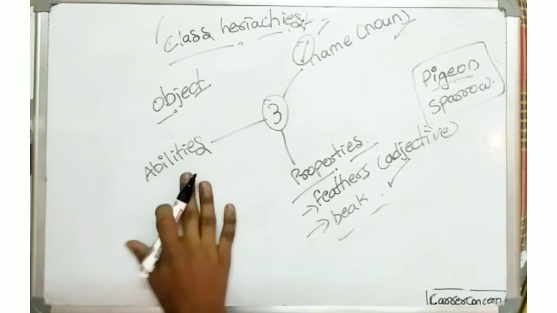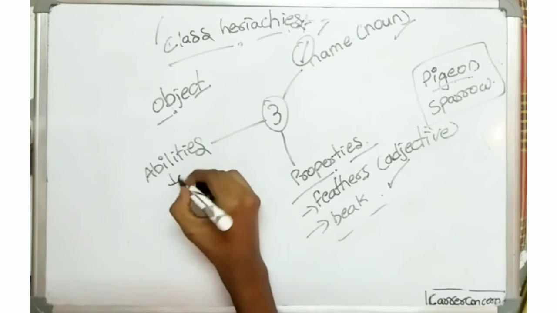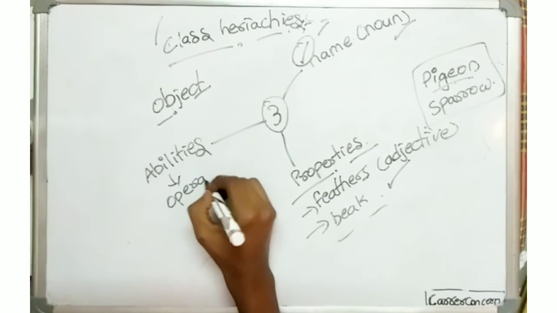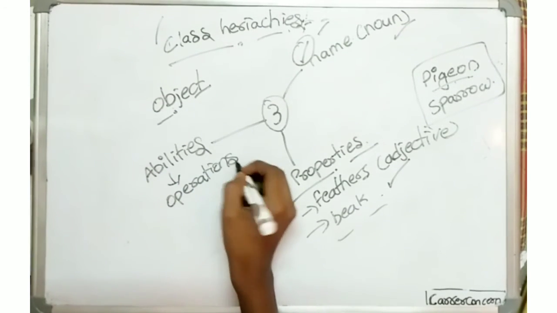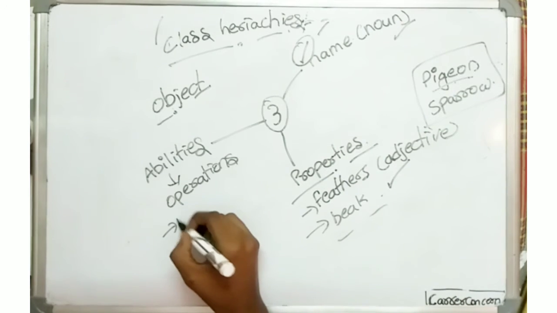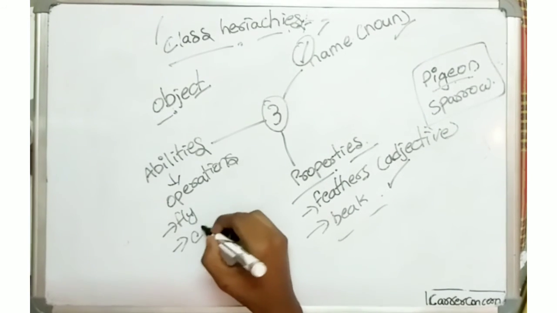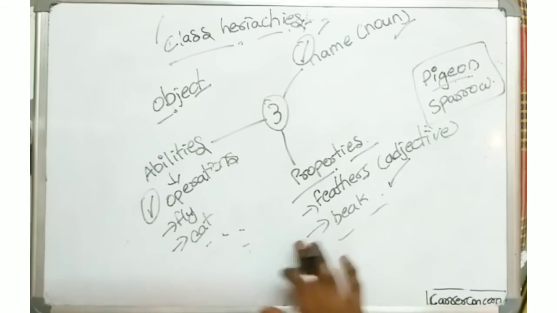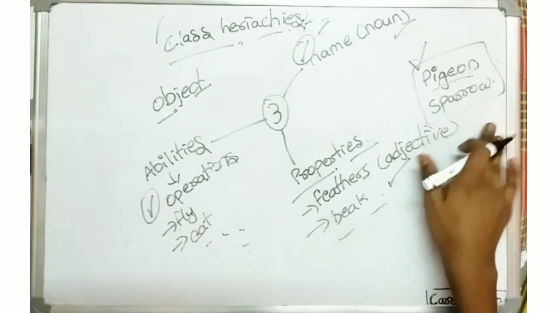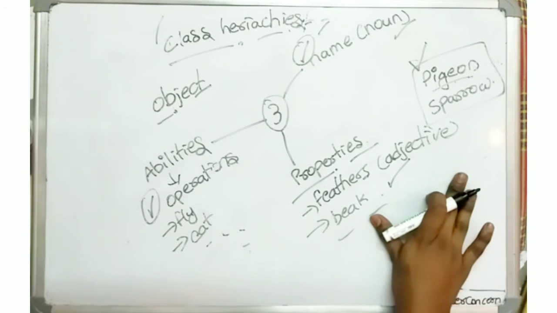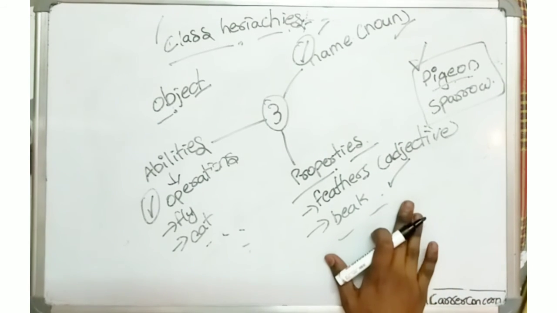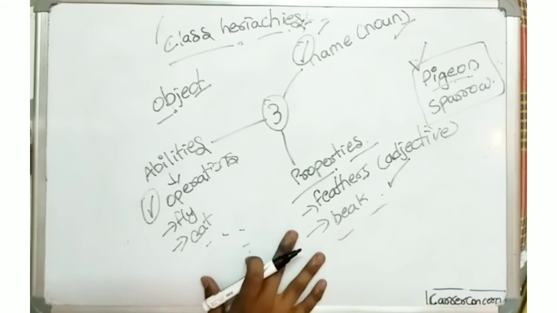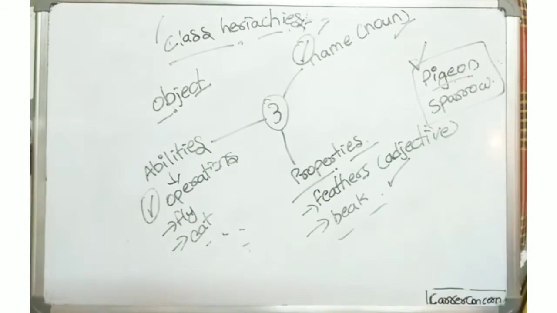Abilities: what operations can it perform? A pigeon can fly and eat. This is also satisfied. So we can say that all three are objects of the bird class. This is a brief introduction to objects and classes.